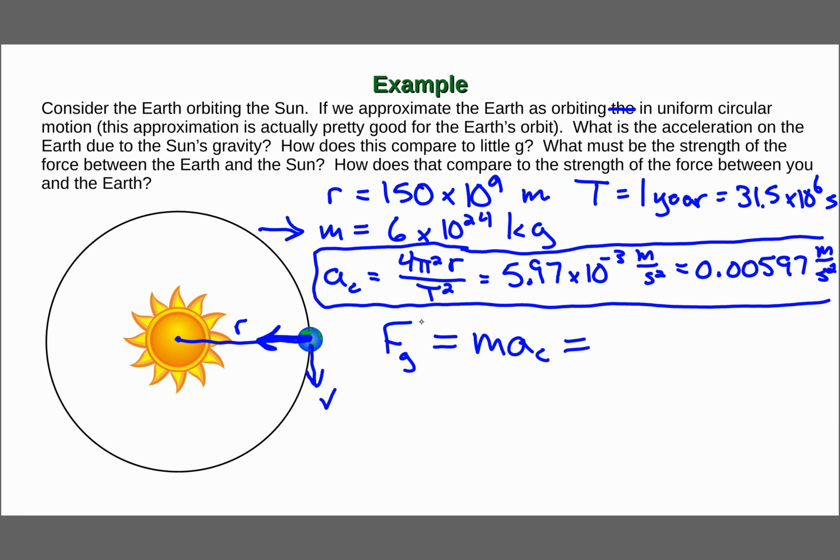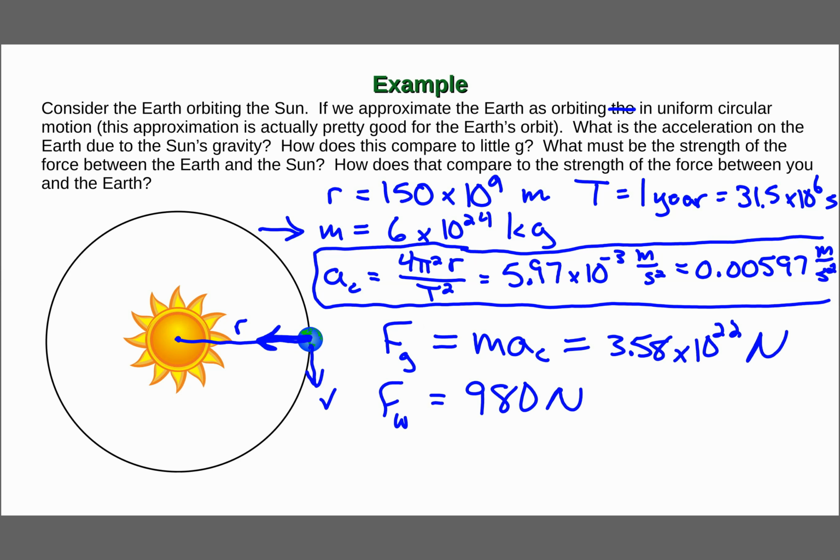So this force of gravity between the Sun and the Earth is 3.58 times 10 to the 22 newtons. And of course, the force of my weight, if we just say, for simplicity's sake, that I weigh 100 kilograms, is 980 newtons.